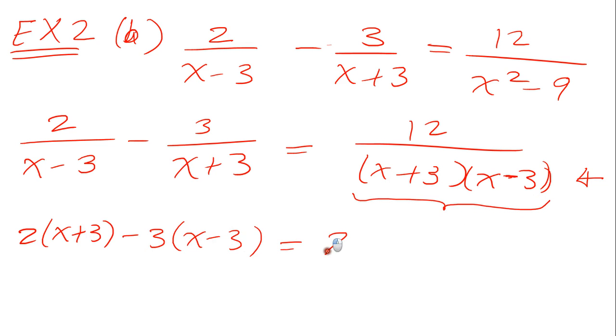So I'm just going to have 12. So basically I have 2x plus 6 minus 3x plus 9 equals 12.